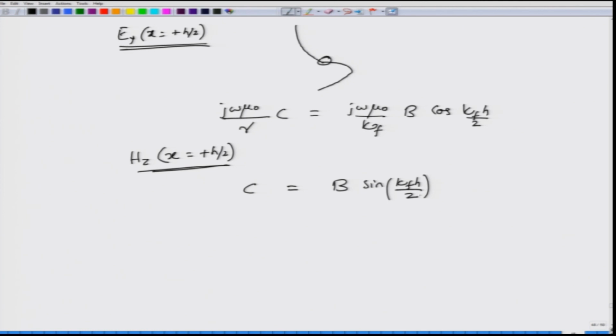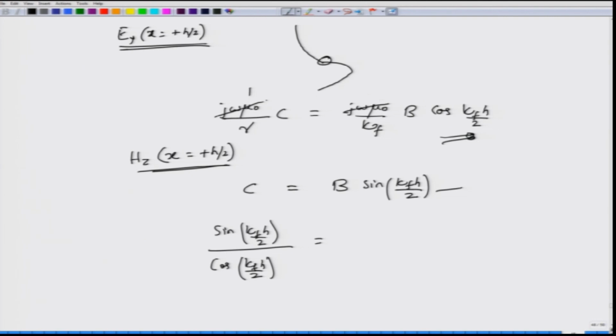Luckily, c is there on the left hand side, and b is there on the right hand side. If I divide the first equation by the second equation, what do I get? I will get sin kappa f h by 2 divided by cosine kappa f h by 2. The j omega mu naught is constant on both sides, so I can remove them.